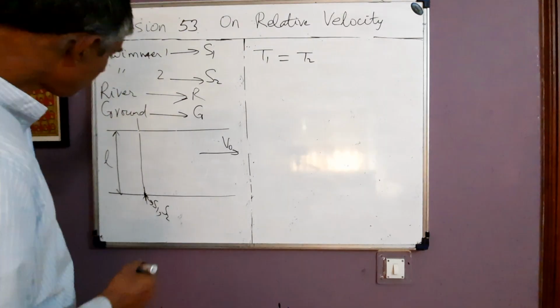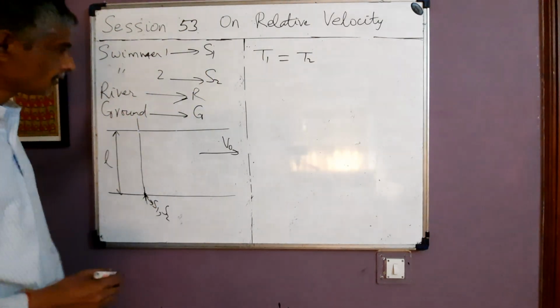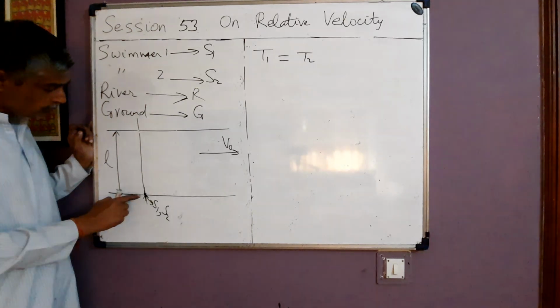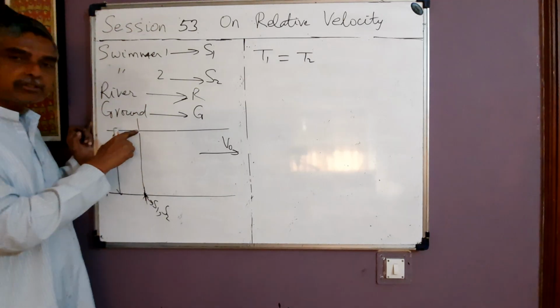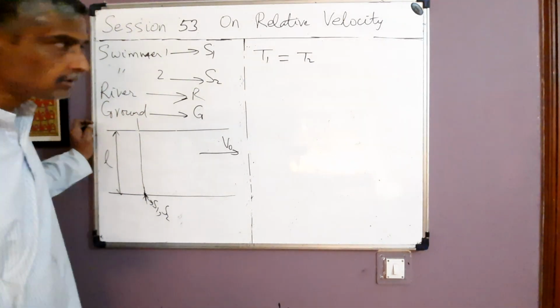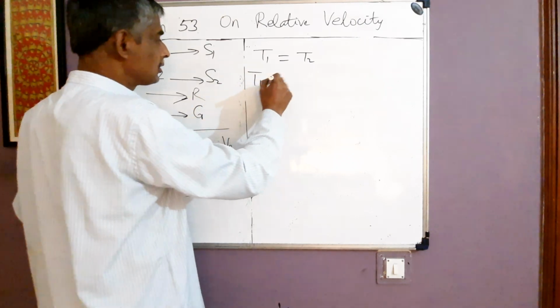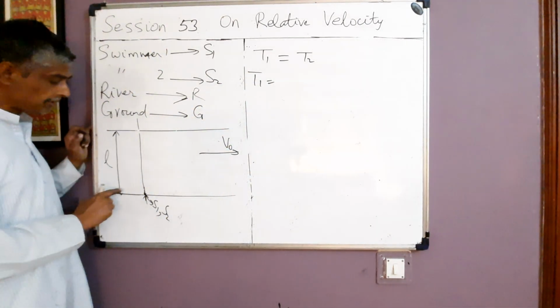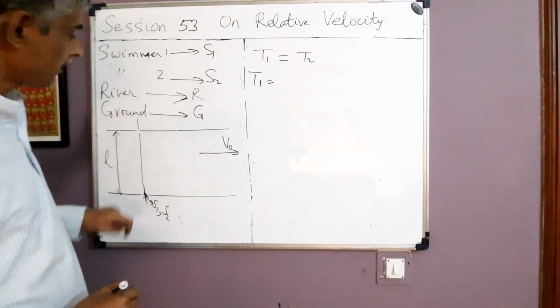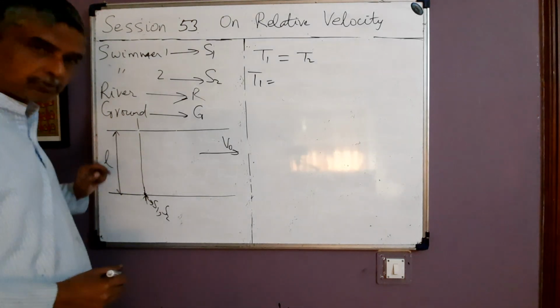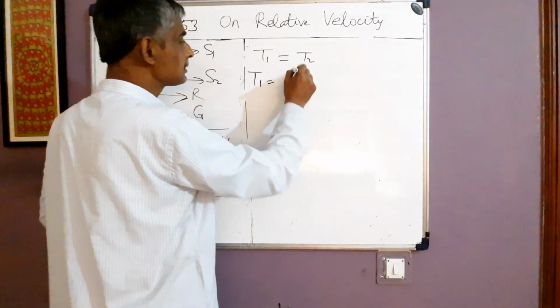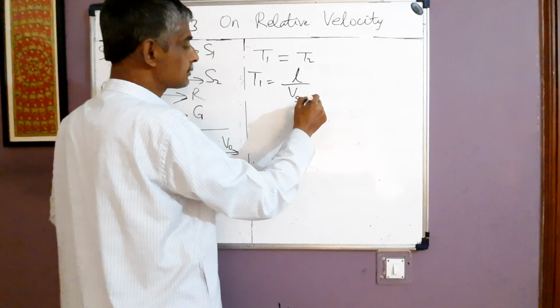First we find the value of T1. T1 is the time taken by swimmer S1 to swim across the river to a point on the north bank just opposite the starting point on the south bank. The swimmer S1 goes from this to this point at a constant speed, say Vs1g, and he moves a distance L with respect to ground. So time T1 becomes L upon Vs1g.